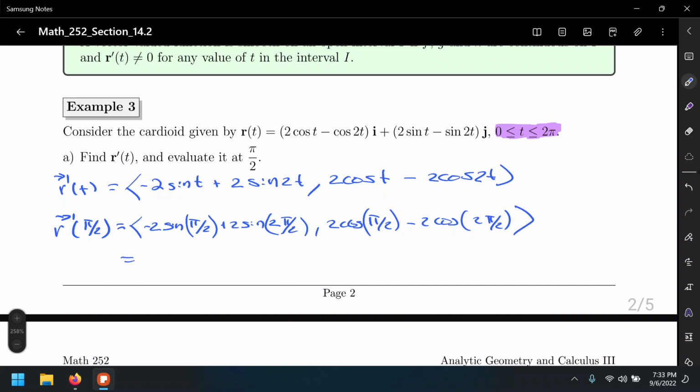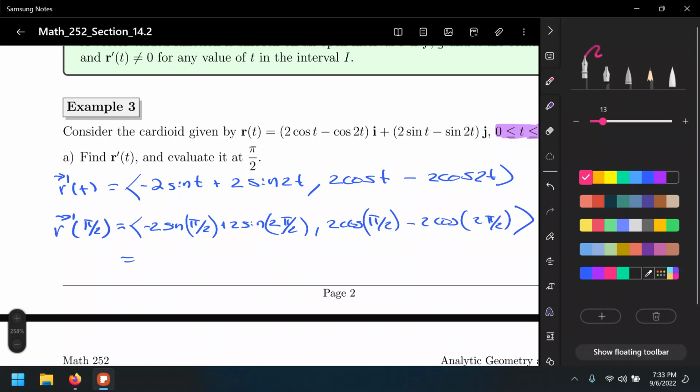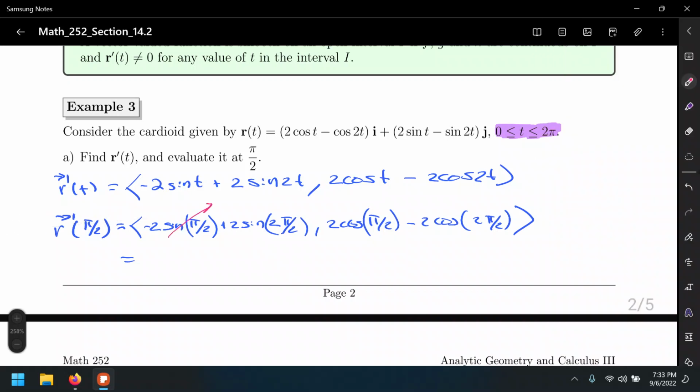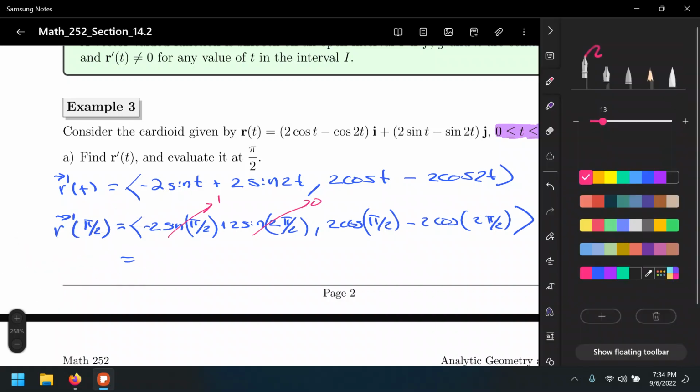Okay, let's evaluate some trigonometric functions here. Well, number one, sine of pi over 2, that's 1, isn't it? And sine of 2 pi over 2, which is really sine of pi, isn't that going to go to 0? So 1 times negative 2, that's going to be negative 2.